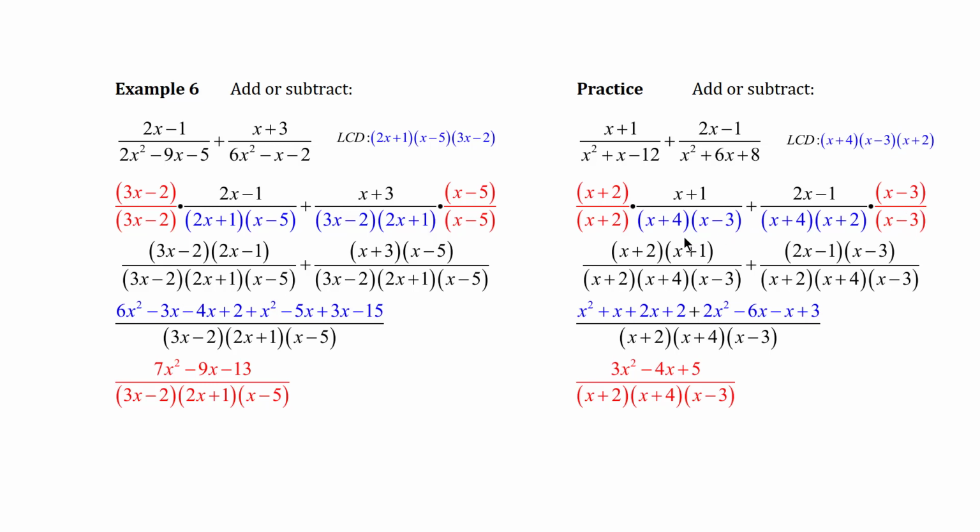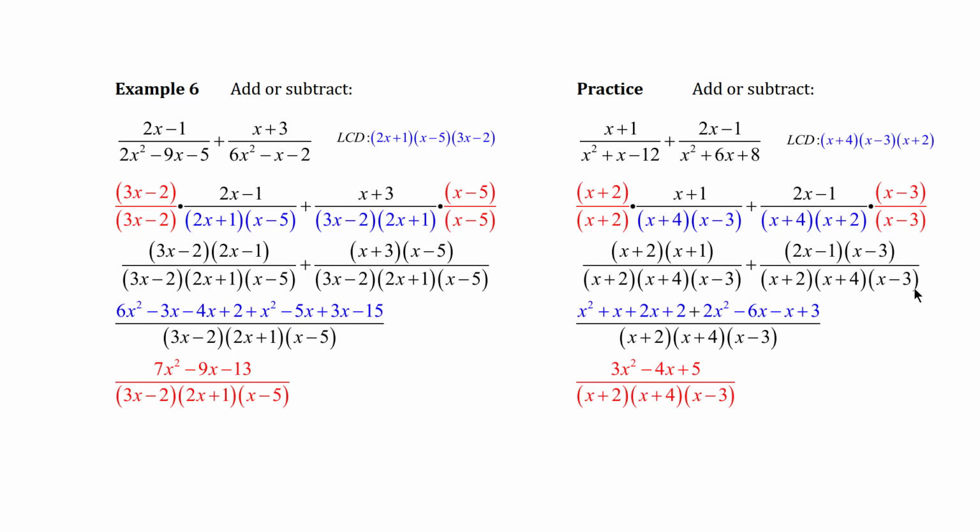The result after doing the multiplication is (x plus 2)(x plus 1) divided by (x plus 2)(x plus 4)(x minus 3), plus (2x minus 1)(x minus 3) divided by (x plus 2)(x plus 4)(x minus 3).